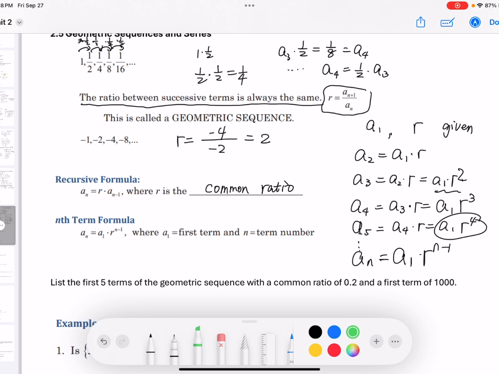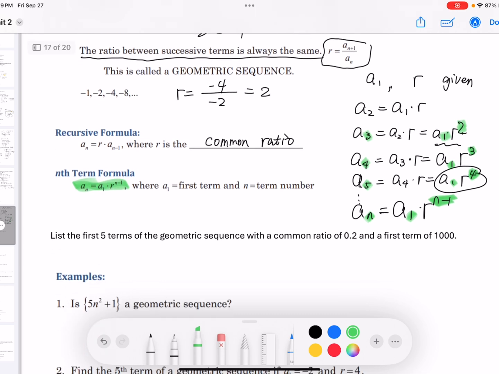Because I see that if I have 5, then we have a sub 1 times r to the fourth power. So 1 plus 4 is equal to 5, and 1 plus 3 is equal to 4, 1 plus 2 is equal to 3. So a sub n is equal to a sub 1 multiplied by r to the n minus 1. So we found this formula.